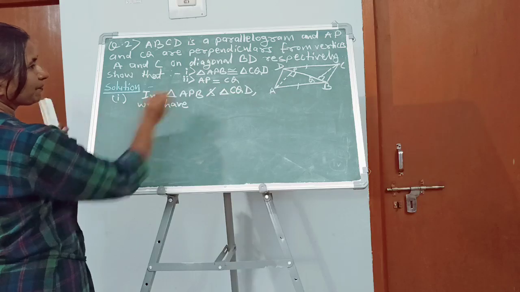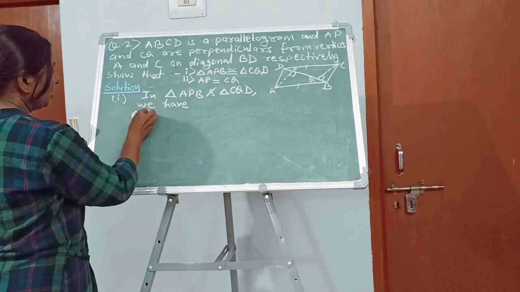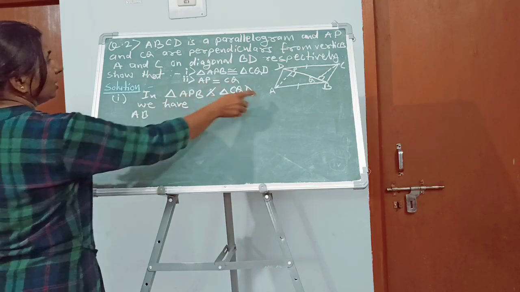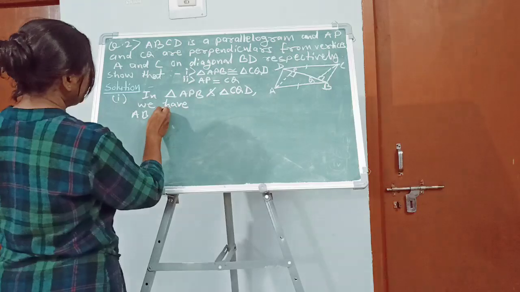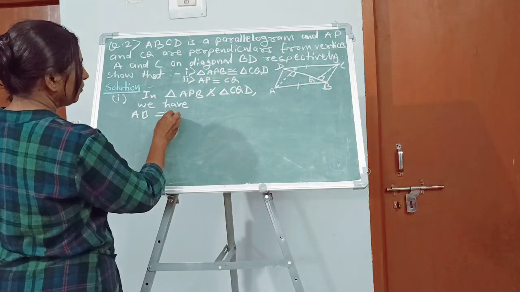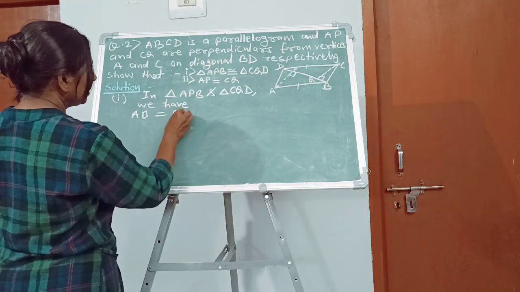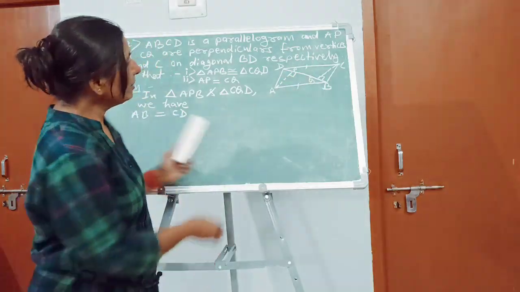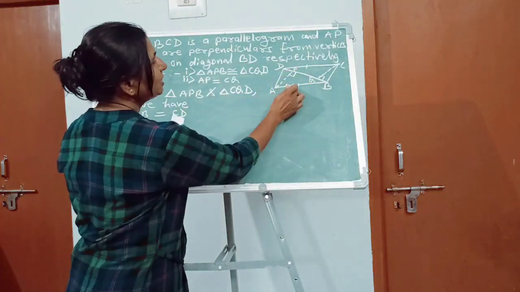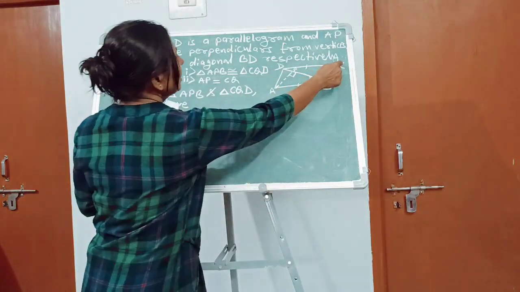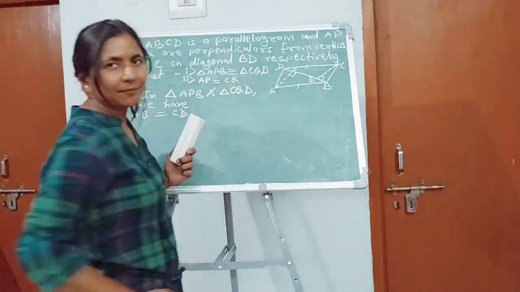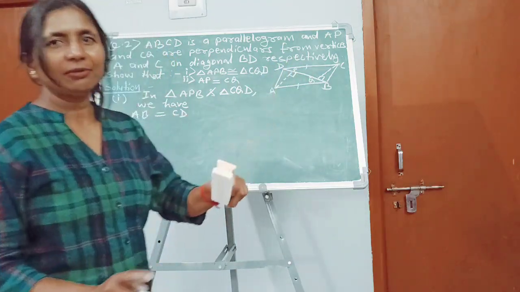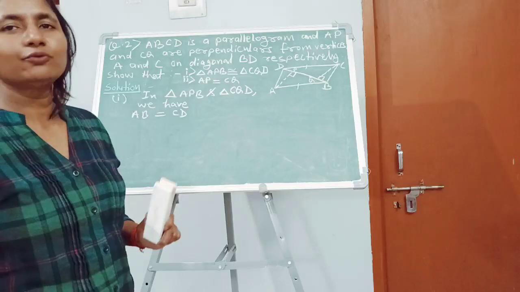We have AB equal to CD. Means in triangle APB, this side is equal to, in triangle CQD, this side. One thing we have established between these two triangles.